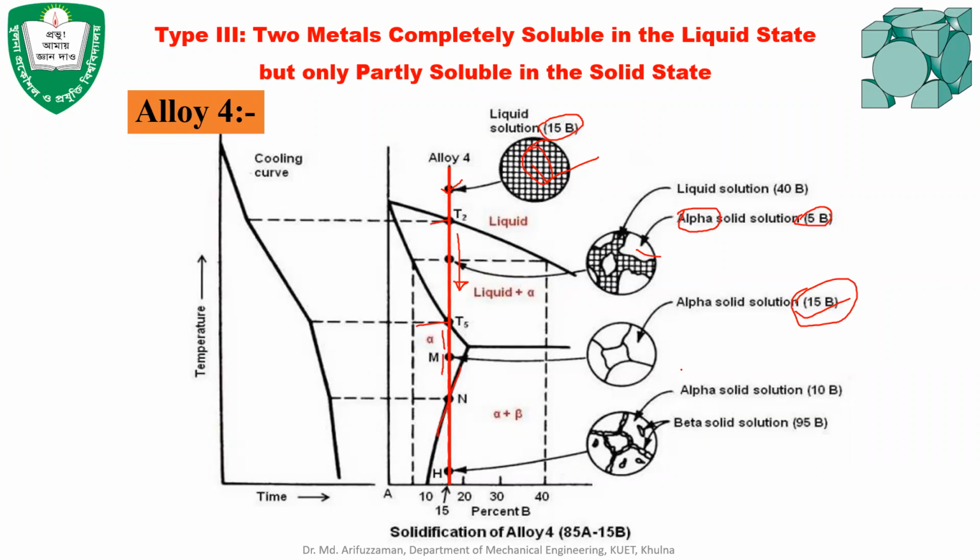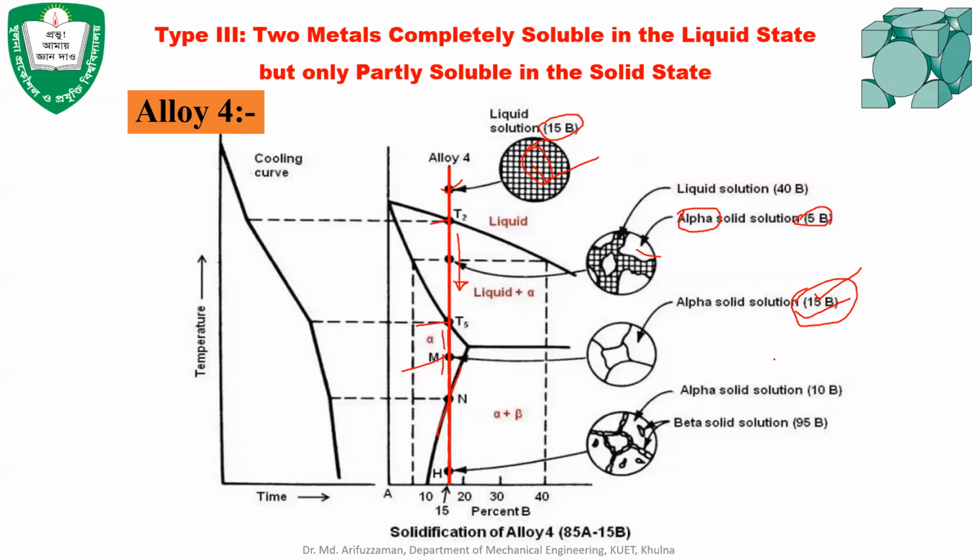In the solid state, even after solidification is complete, if you cool it slowly, some of the alpha solid solution will release B. The alpha solid solution has 15% B in this region at M. But when it crosses N, some of the B from the alpha solid solution will be released.